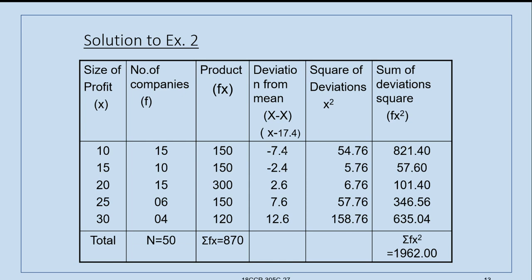Oh, sorry, deviations are the fourth column, so fourth column into fourth column. This is second column into fifth column.